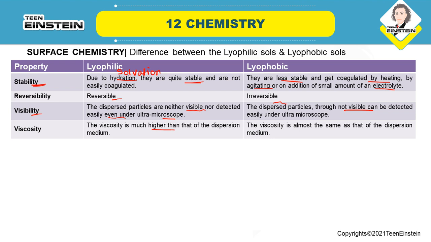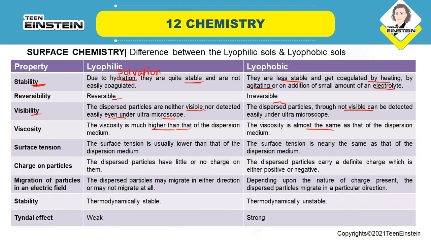Take the simple example of water and honey. Honey is more viscous compared to water, so its movement will be very slow. So if we compare viscosity between lyophilic and lyophobic, here it is much higher, but in this case it is almost the same as that of dispersion medium.